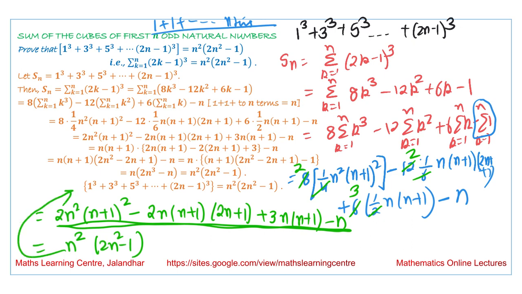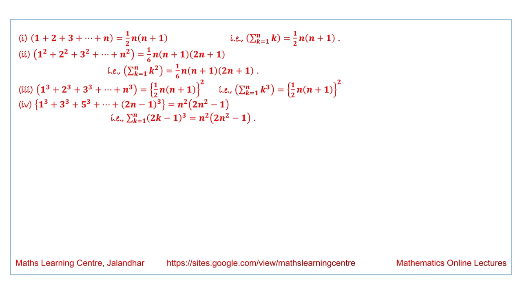So we are saying that the sum of the cubes of these odd numbers is n square into 2n square minus 1. So we have listed these formulas over here. The first we have studied is 1 plus 2 plus 3 and so on up to n, it is 1 by 2 n into n plus 1.